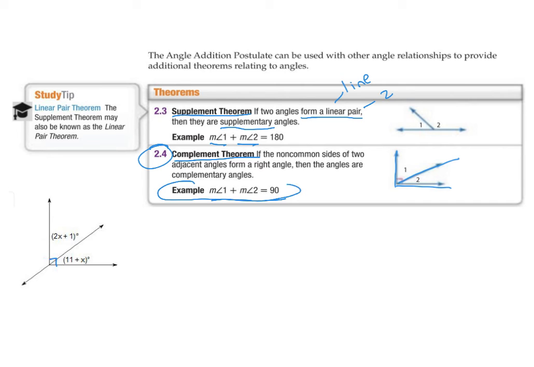The first angle, the angle in red, has to be 2x plus 1. And then the second angle, the angle in green, has to be 11 plus x. And I'm going to add them, and it has to equal 90 because of the complement theorem.